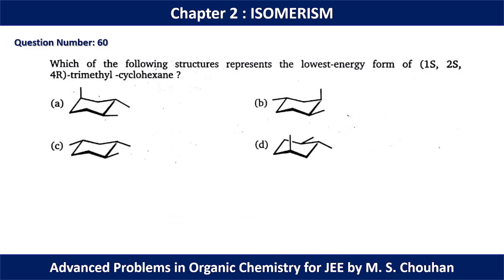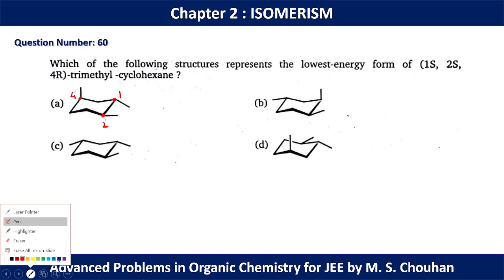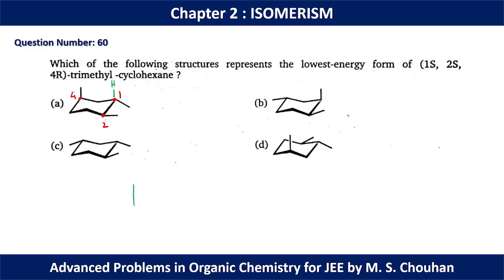We will make this carbon 1, this carbon 2, this carbon 4. Now we can go for the detailed composition. For the first molecule, we can have hydrogen, methyl, one alkyl group, that is R1, and another alkyl group, that is R2.